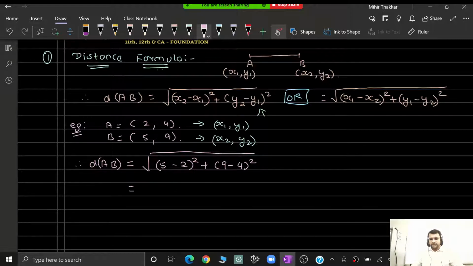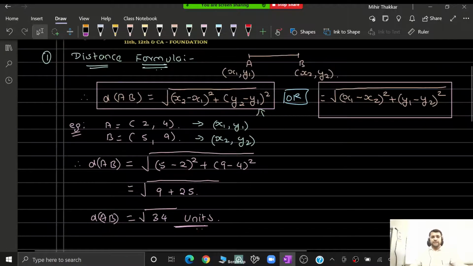So guys, you get the answer like this. 5 minus 2 is 3, 3 square is 9. 9 minus 4 is 5, and 5 square is 25. 25 and 9 comes out to be root of 34 units. Writing the word units is very important because we are talking about distance, so you should not forget units.